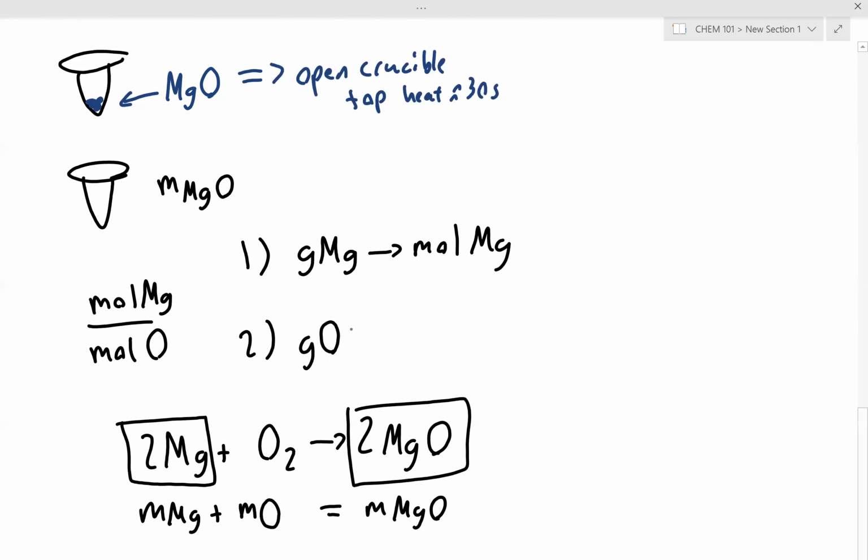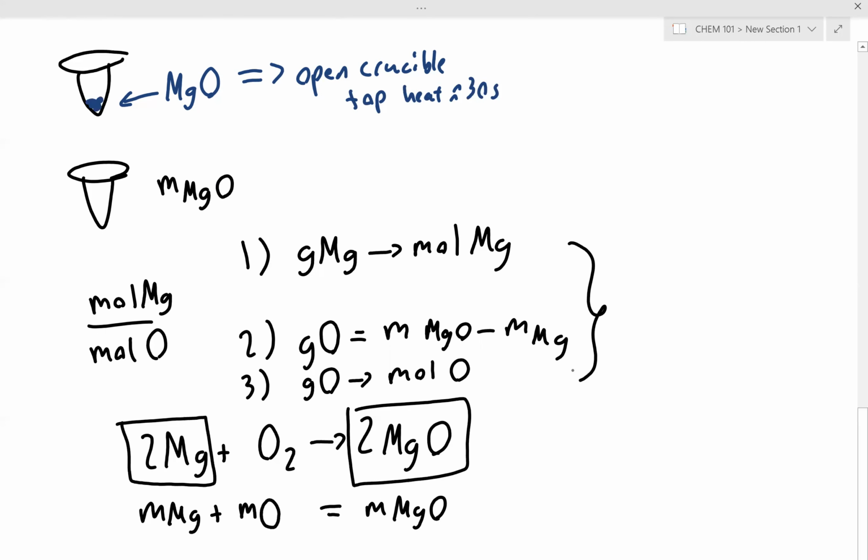So then, we can solve for the grams of oxygen by taking the mass of magnesium oxide minus the mass of magnesium. And then finally, we can go from the grams of oxygen to the moles of oxygen. Is everyone comfortable accomplishing these three steps? Okay.